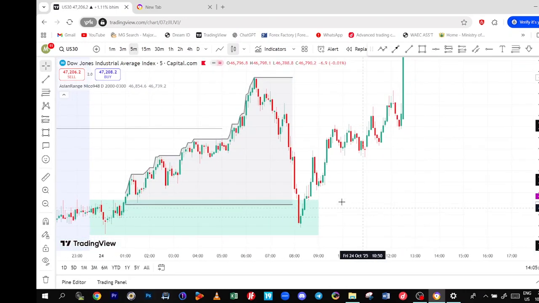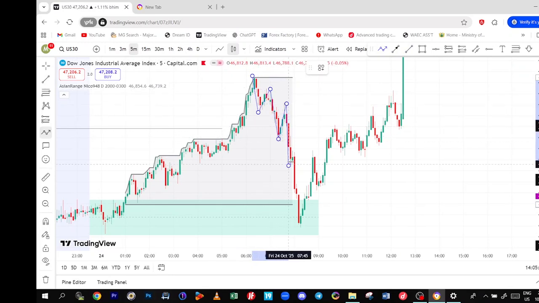So here, the market came like this. Those of you who don't know market structure, go and learn it. It came like here, here, here, here, here, here, here. Then it changed. It reacted to this block, then broke it like this.